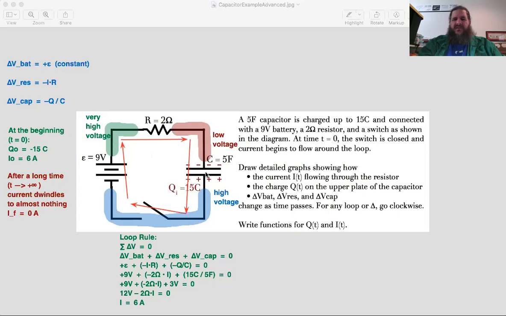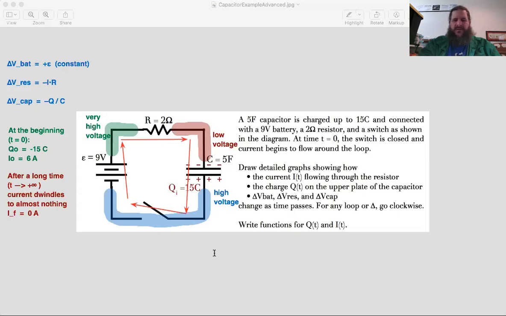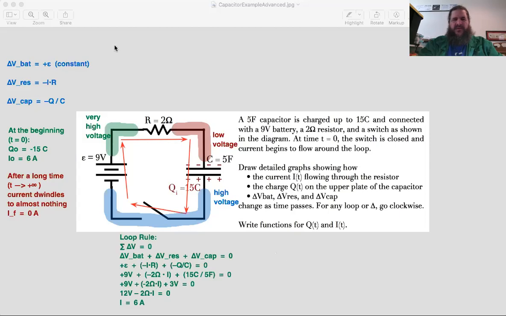And can we use that to figure out the charge on the capacitor? If we go all the way back to the loop rule, we can still reuse most of this. But what can we now plug in here? Yeah, we now know the delta voltage of the resistor is going to be 0 because the current is 0.